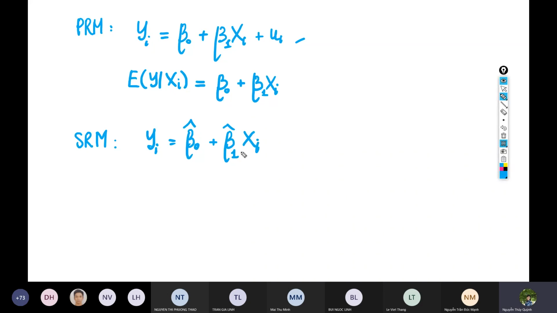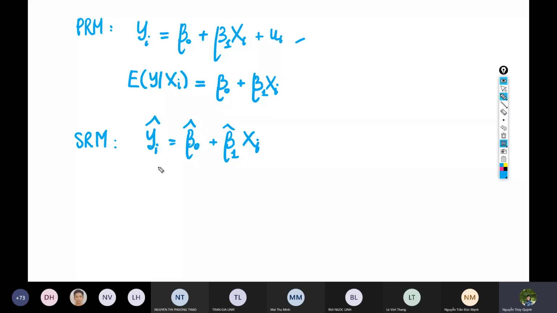We call this the sample regression function. It is the deterministic relationship between the observed value of x and the fitted or estimated value of y.